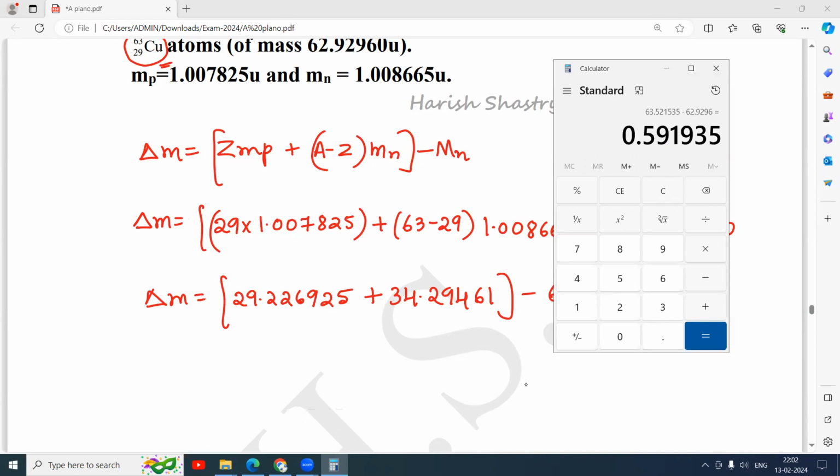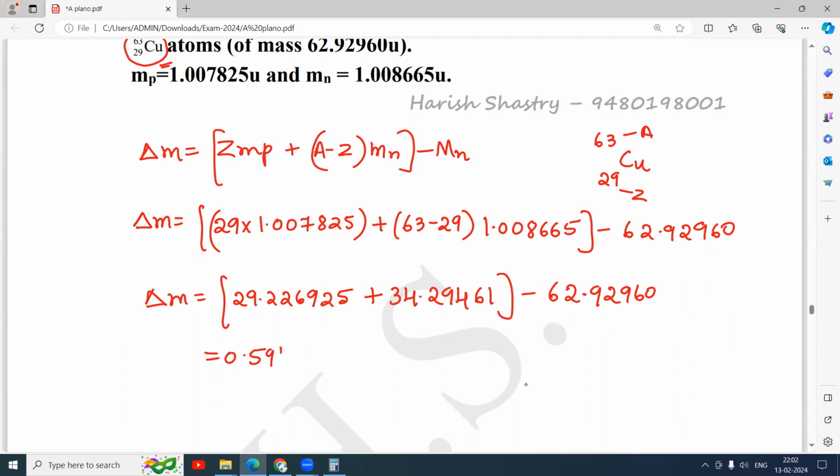So delta M is equal to 0.591935 atomic mass unit.